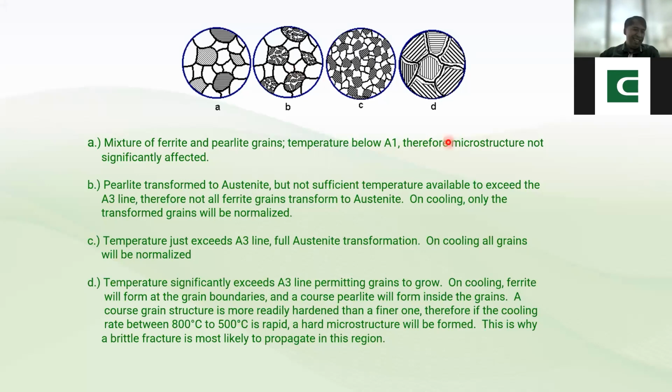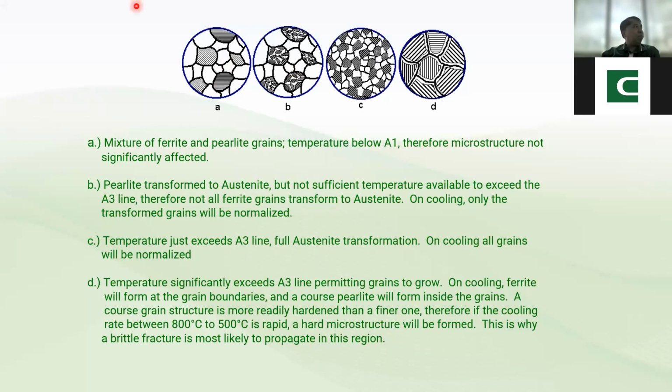So, yung A, yung ating bakal na hindi naapektuhan ng heat is a mixture of ferrite and pearlite grain. These are temperature below 723. And there are small changes in the microstructure.